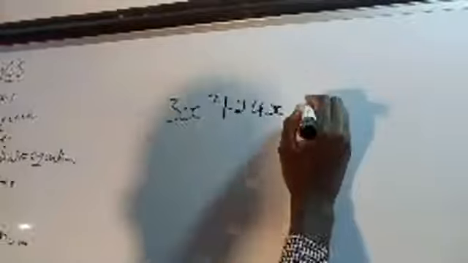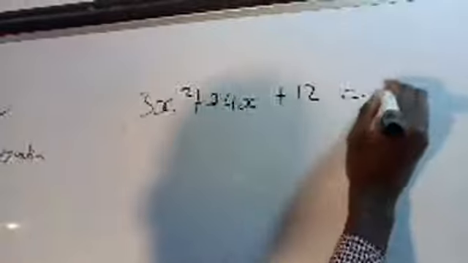Yeah, so let's now get a tricky example, which confuses some of us, which will be 3x squared plus 24x plus 12 equal to 0.